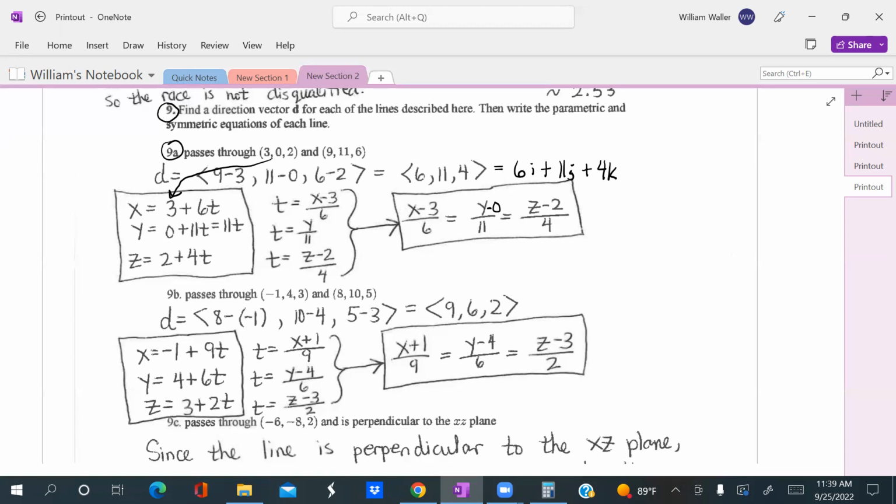Very easy to do. Now, unfortunately, as we've talked about in class, equations for lines in 3 dimensions are a little bit messy because they involve multiple equations. You don't get just a single equation for a line in 3 dimensions, but that's not true for planes.